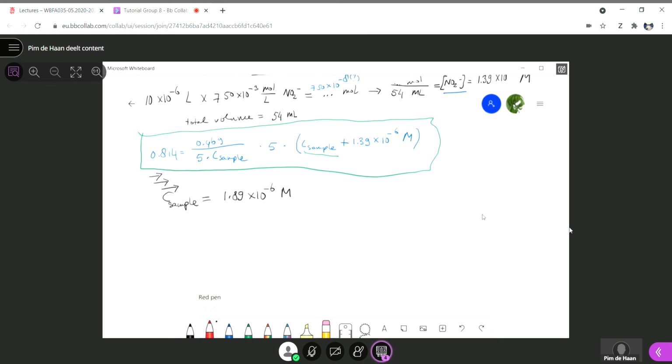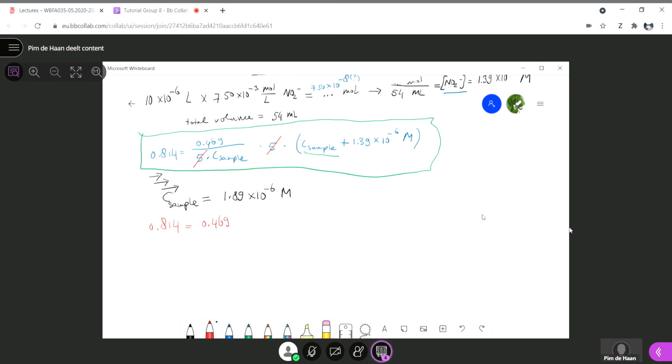Let's take my red pen and make my life a little easier first. 5 divided by 5 is 1, so we can cross that out. And then let's see what else we have here. This times that. So we can actually make this 0.814 equals 0.469.